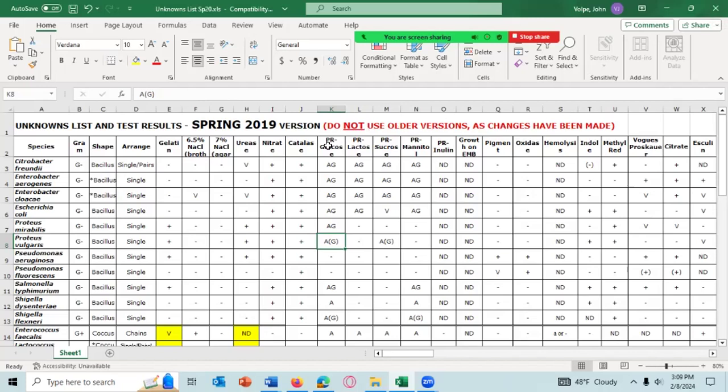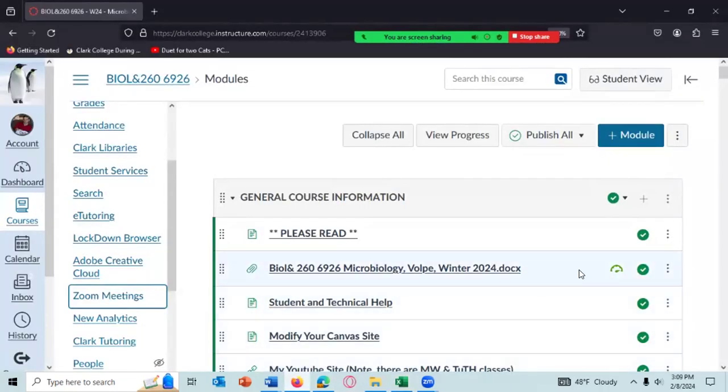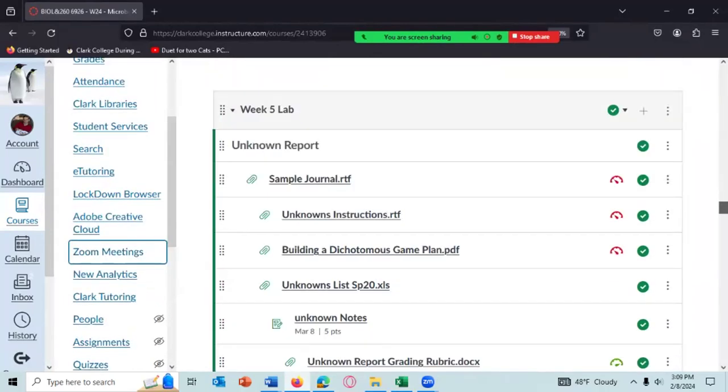Oh, another thing I should mention, the PR glucose, the PR lactose, the PR sucrose, the PR mannitol, and the PR inulin will not be shown in the list of unknown tests. If you come up here and take a look at the unknown tests, you will not find them.